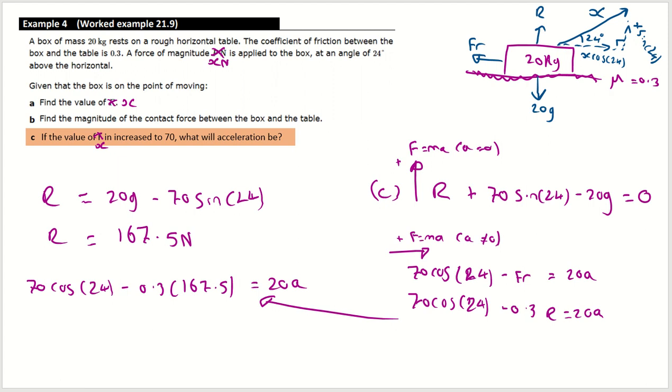So 70 cos 24 minus 0.3 times 167.5. That gives me 13.698 equals 28a. I probably wouldn't normally write that down. I'd probably just type that in my calculator, then divide by 20, and I get 0.685 meters per second squared.